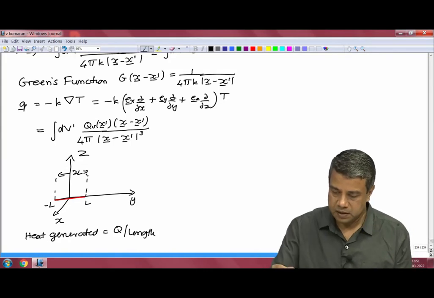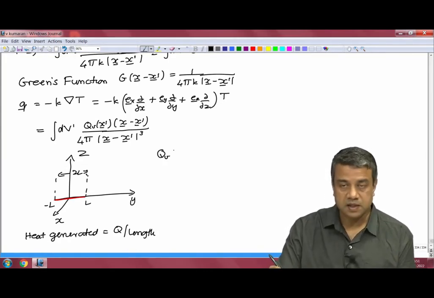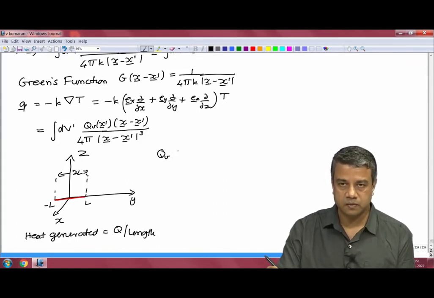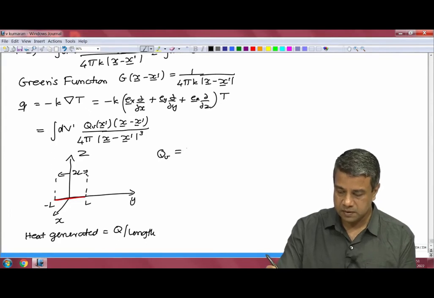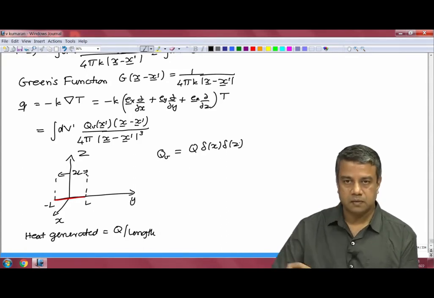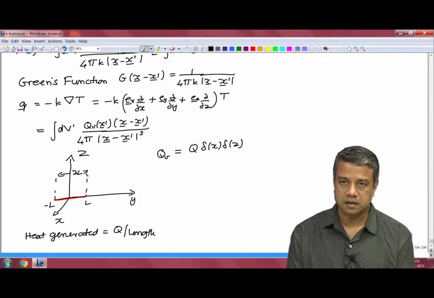So, therefore, the volumetric heat source, which has dimension of heat generated per unit volume per unit time, has got to be equal to Q times delta of x times delta of z, where delta of x and delta of z are one dimensional delta functions with dimension of 1 over length.